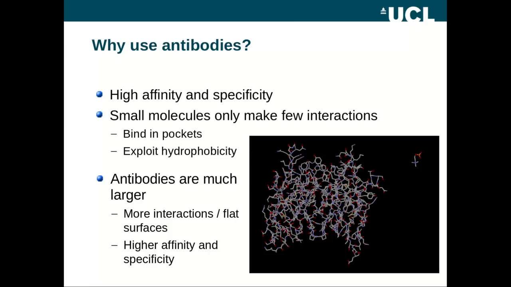The fact that the interacting surface can be quite flat also allows you to target antigens or antigenic surfaces that a small molecule could not interact with, because the small molecule needs a pocket, whereas the antibody doesn't. So this opens up a whole range of protein targets that antibodies can bind to that small molecule drugs cannot.